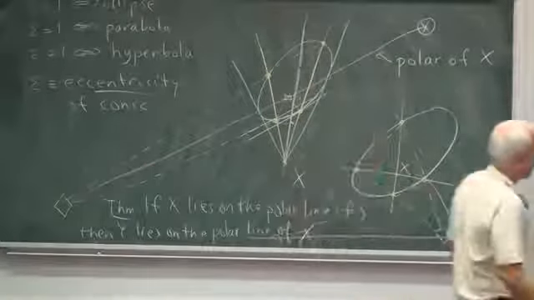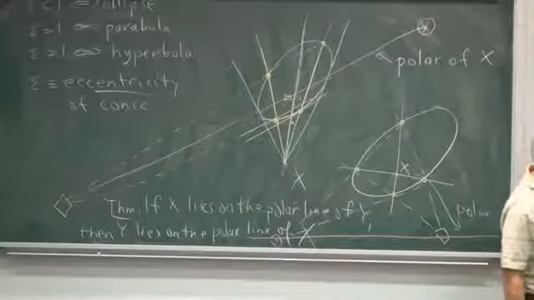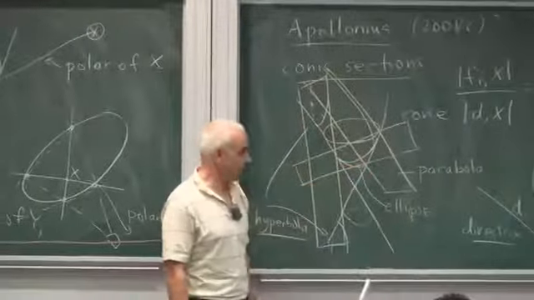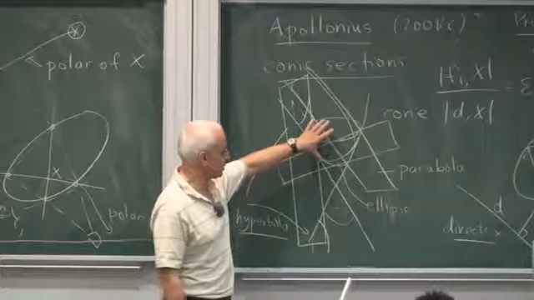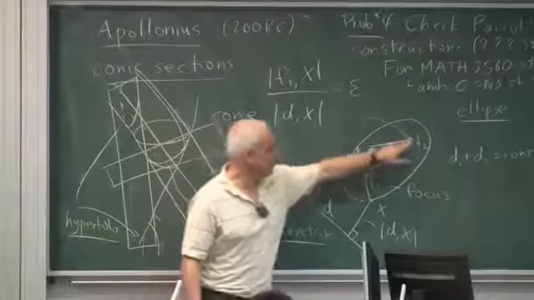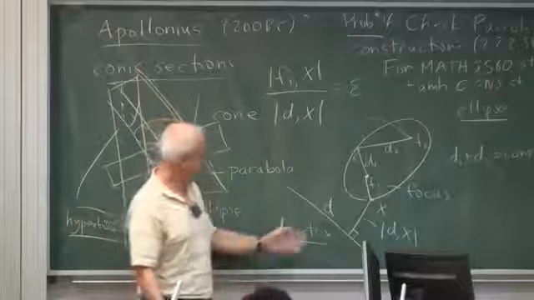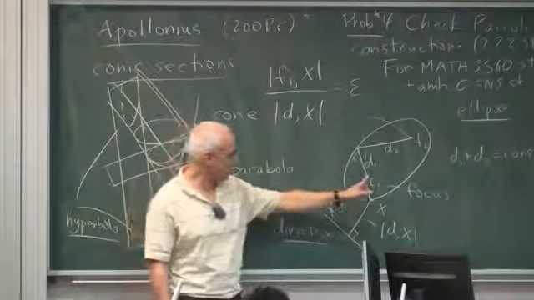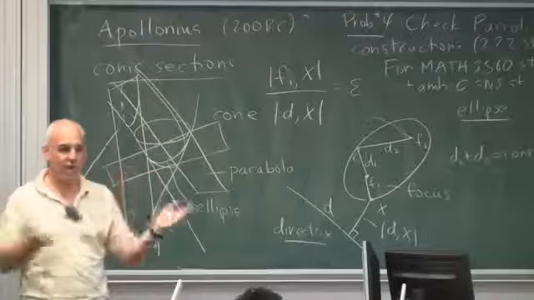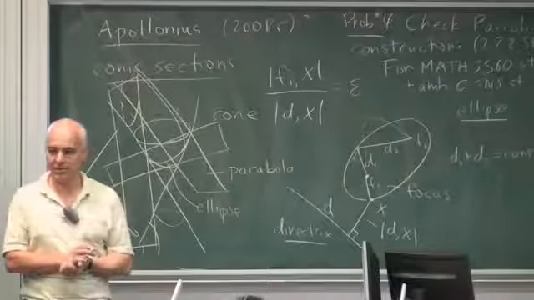If we go back to this original definition business, we started out with a cone. We sliced the cone via planes. We got conic sections. Over here, we had 2 other definitions. We had a definition in terms of 2 foci. And then we had a third definition in terms of a focus and a directrix. Which is the right definition? How do these definitions connect?